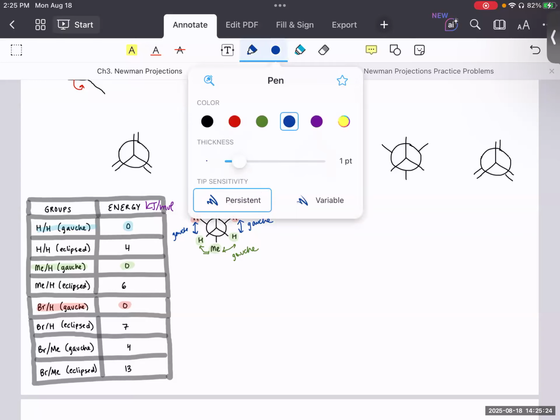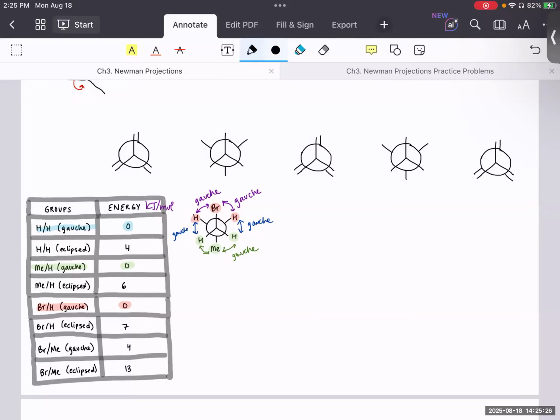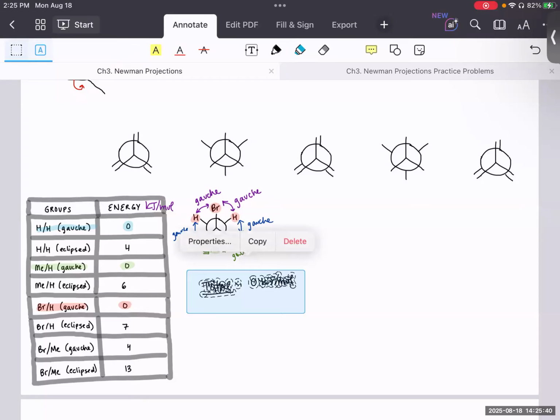And so none of these interactions are contributing any additional energy to the state. And so the total difference from the lowest state is going to be 0 kilojoules per mole, because we've got 0 plus 0 plus 0. And so this is going to be our lowest energy state.